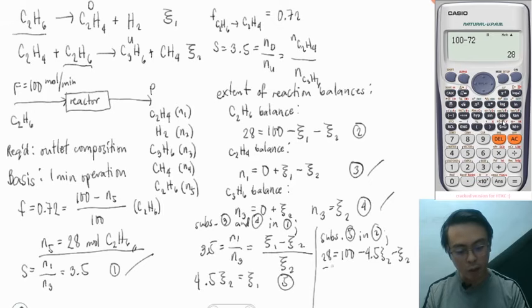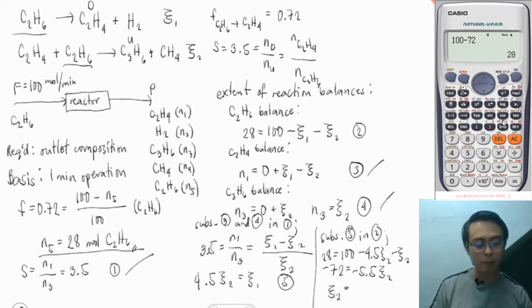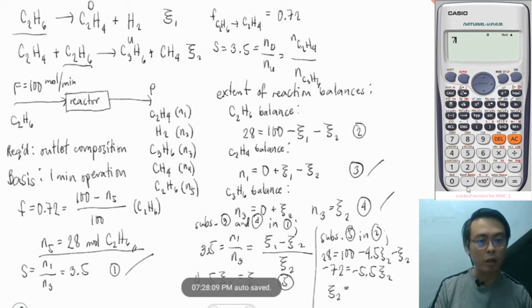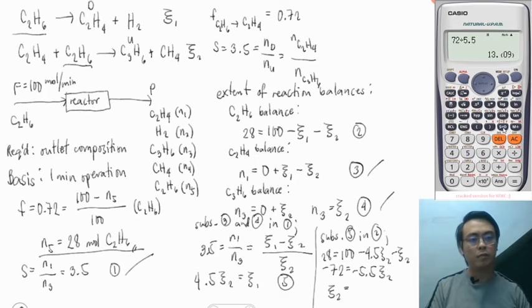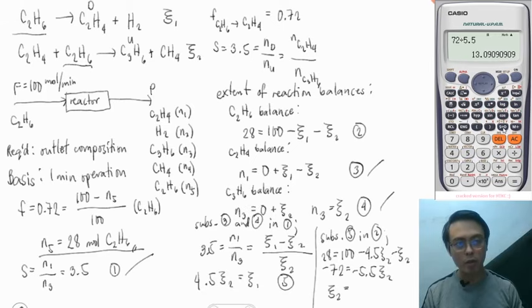Negative 72 is equal to negative 5.5 extent 2. We solve the value of extent 2 as 72 divided by 5.5. So that is 13.1.